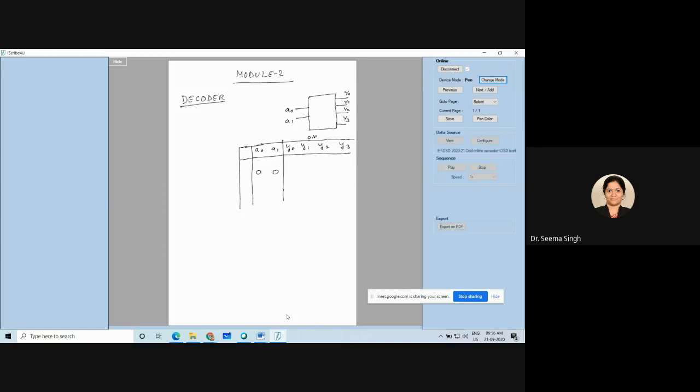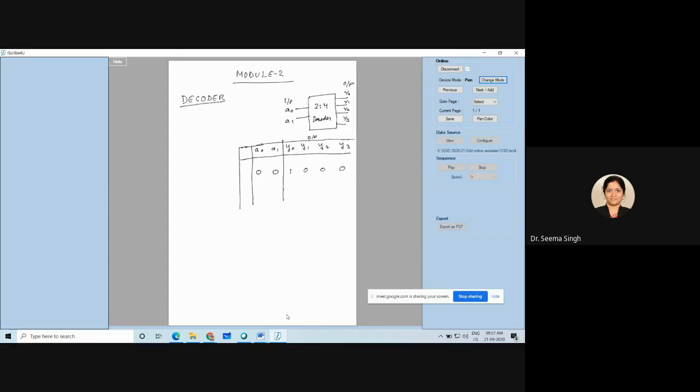Now, this is your input side, right? And this is your output side. And what is it? It is a 2:4 line decoder. Now, if A0 and A1 are 0, 0, your output will be 1, 0, 0, 0.